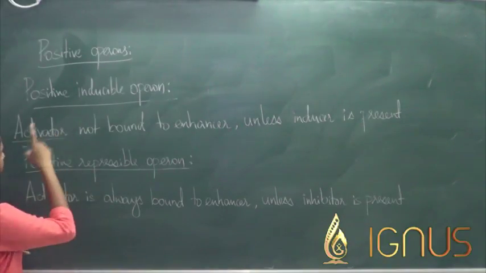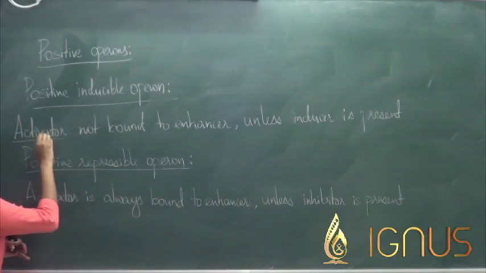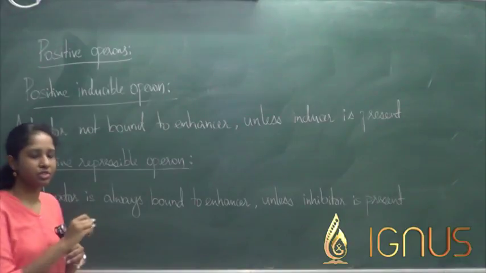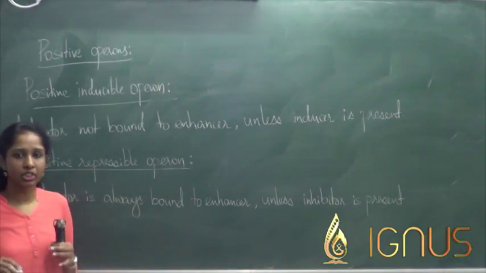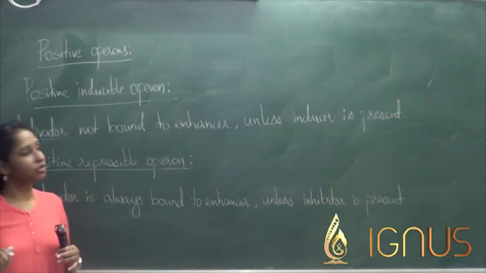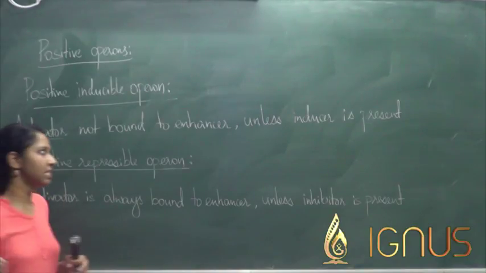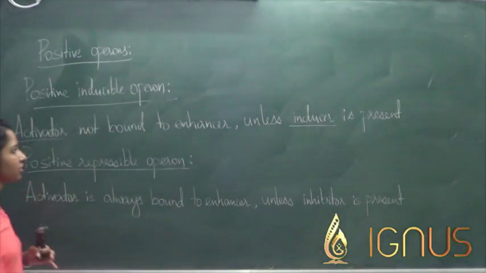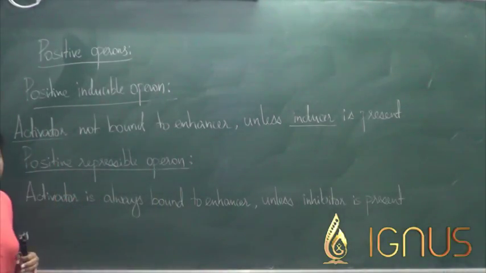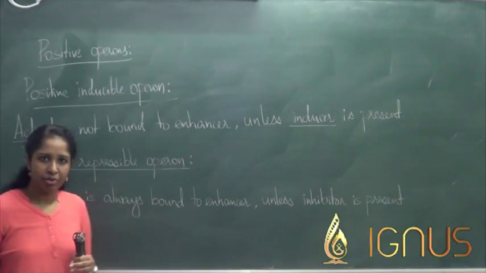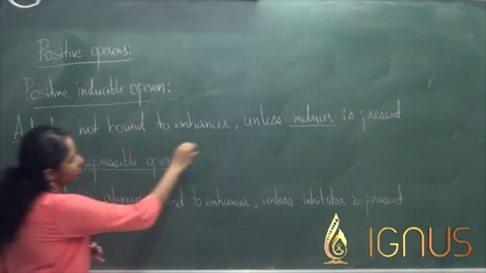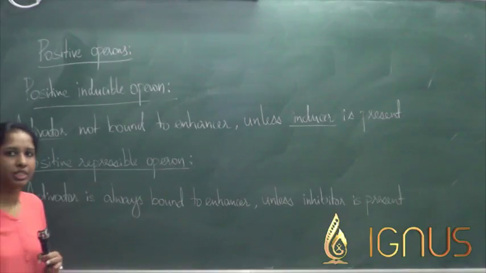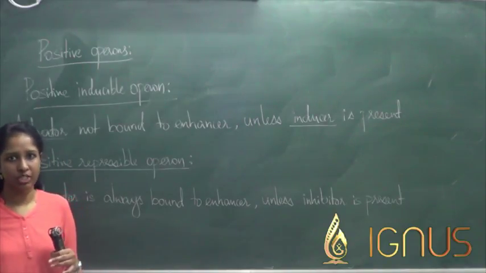Now, in case of positive inducible operon, the activator is not bound to the enhancer region in the normal condition, unless and until an inducer is present. Whenever an inducer is present, it is going to bind to the activator and change its conformation, then this activator can bind to the enhancer region, which is going to help the promoter region, and then the transcription is going to take place.